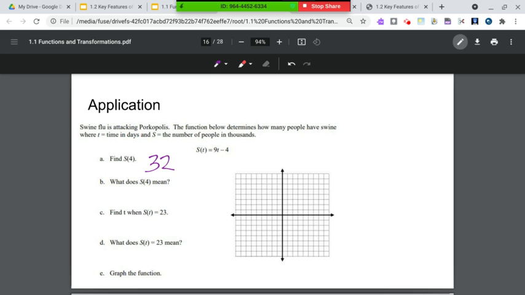And what does S of 4 mean in the context of the problem? Is it the number of people in days? Okay, so remember S of 4. So 4 was the time in days, but our answer, our output was 32, which is the number of people in thousands. And so S of 4 means that after 4 days, what do you know?